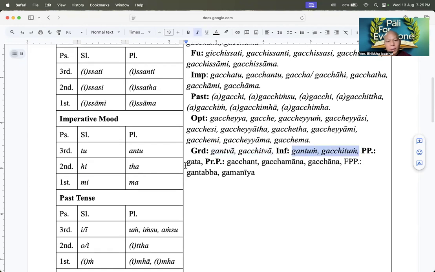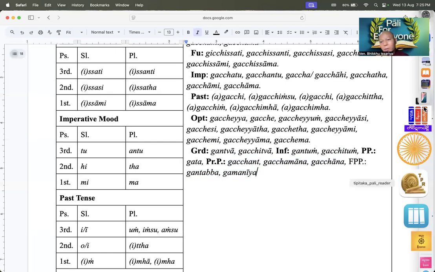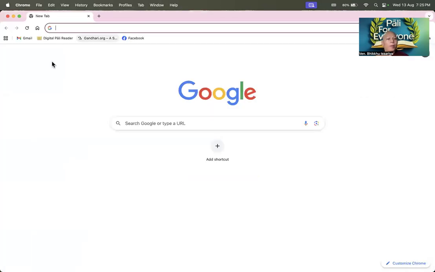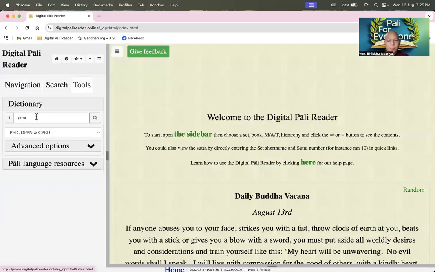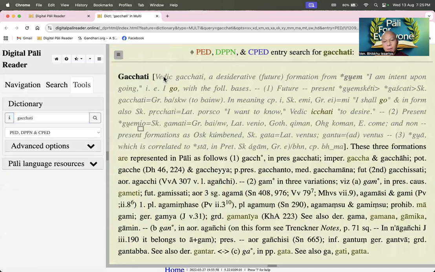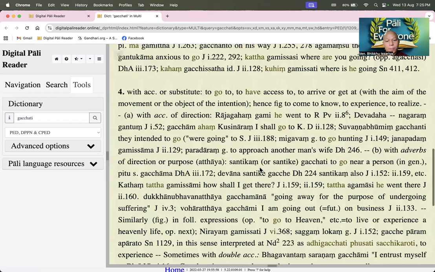So when we find a root word in the dictionary, at that time the dictionary also provides some possible forms in this way, but not for all roots. Some specific forms in the dictionary, but for us, for example, when we check the dictionary, the verb gachati, see firstly gachati, maybe after that you see some verb forms.